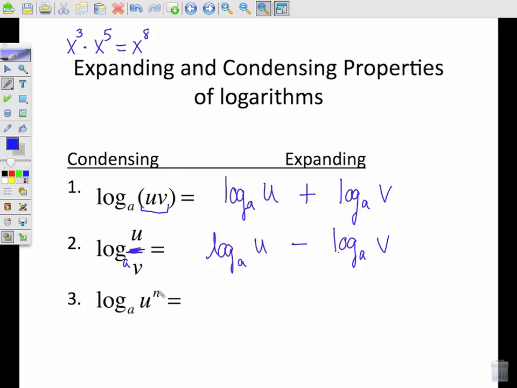And the last rule that we have is when you have an exponent, that exponent is just a multiplier, so you can move it in front of your logarithm. It's n log base a of u. So those are 3 rules that we can use and help us evaluate, solve, and to do some expanding and condensing of logarithmic expressions.